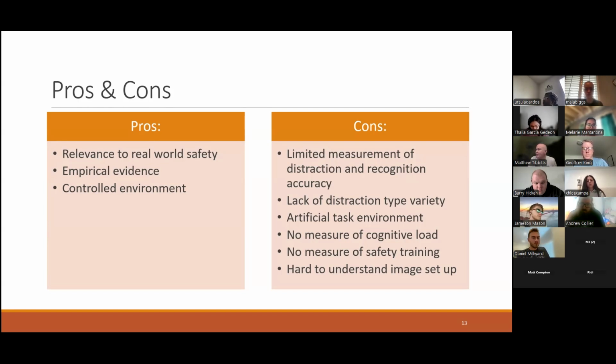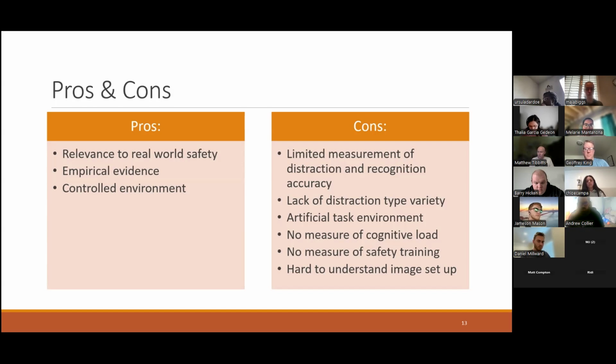And then for cons, there's a limited measurement of distraction and recognition accuracy. As they said, it assumes all participants are equally distracted, which overlooks the fact that workers might experience varying levels of distraction, and the lack of quantifying how distracted somebody was might reduce the significance of the results.